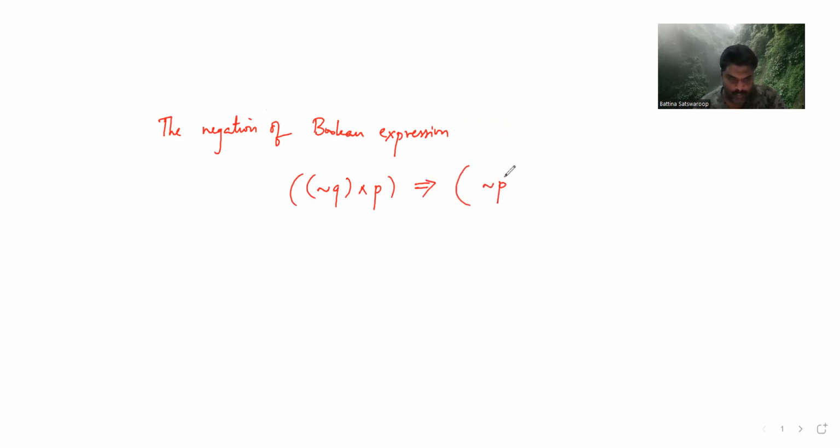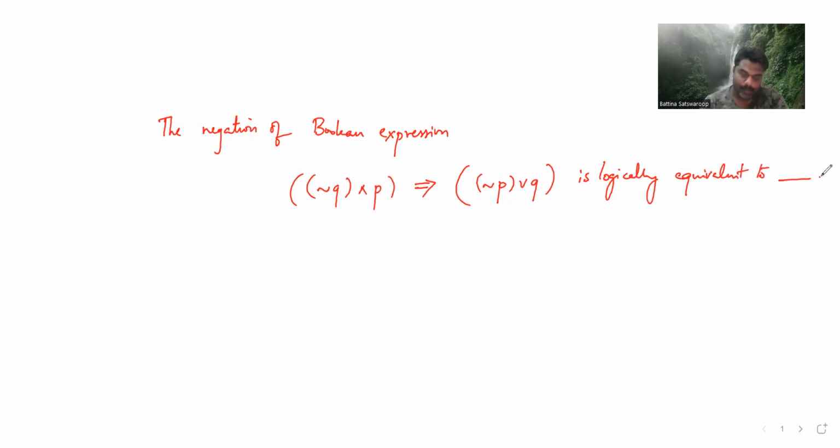The negation of the Boolean expression negation of Q or P double implies negation of P or Q. This is logically equivalent to what?